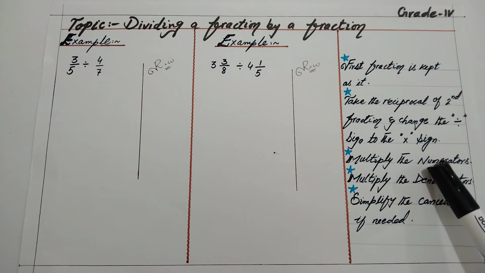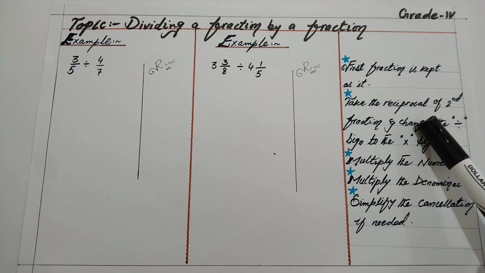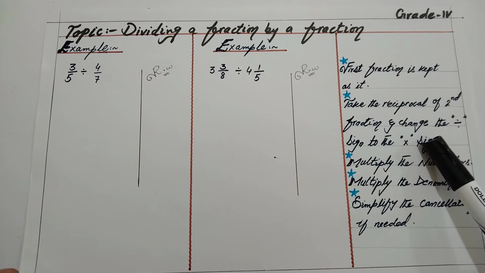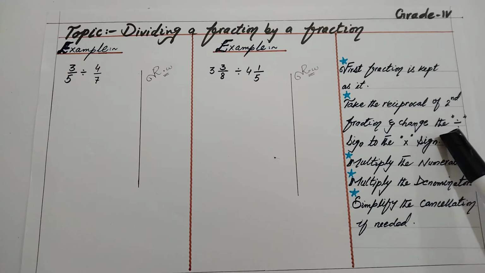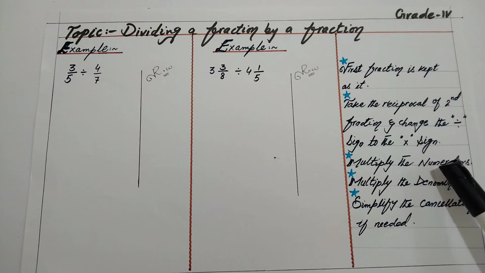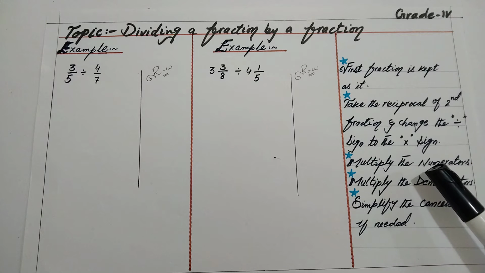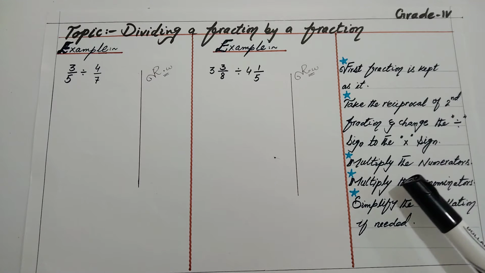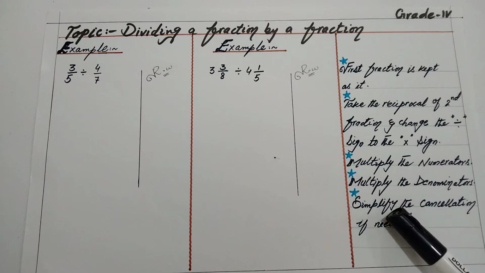If there is any possibility of cancellation after this step, then you can directly cancel out the numerators and denominators by the highest common factor, and then multiply. But if there is no common factor, then you can simply multiply the numerators, multiply the denominators, and then simplify the fractions.